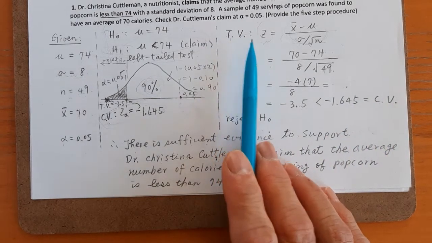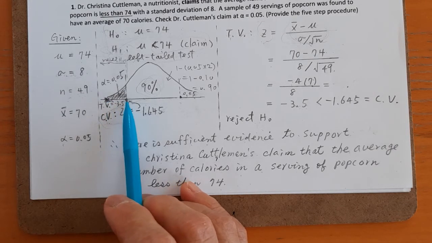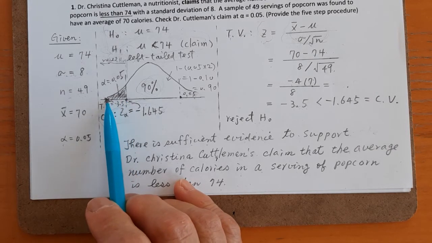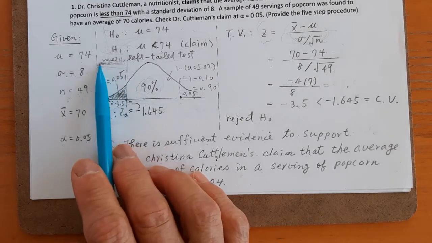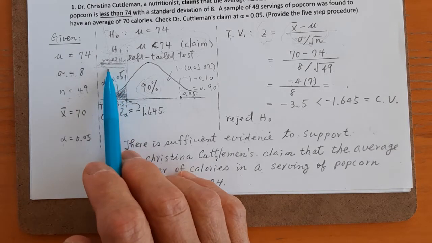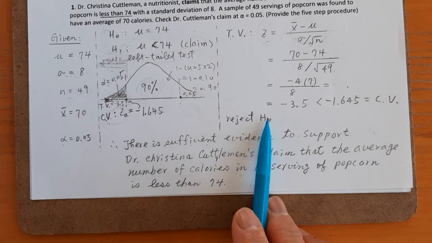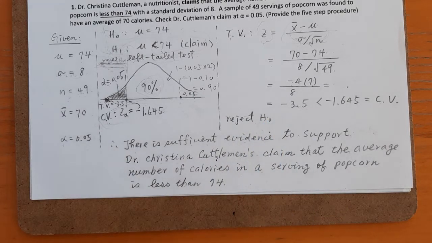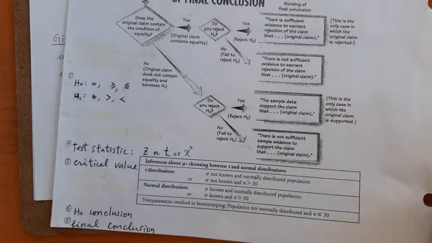If the test value is less than the critical value, like this, the test value is falling in the rejection area. This side is the rejection region, and in the rejection region, that's reject H0.